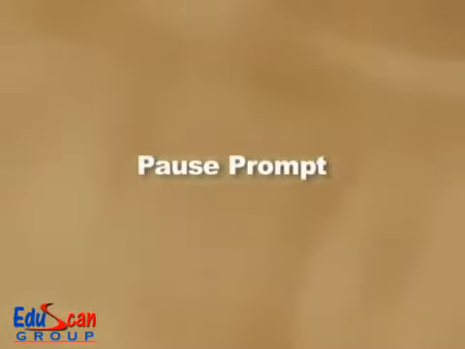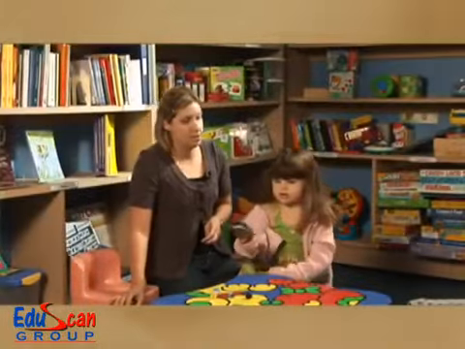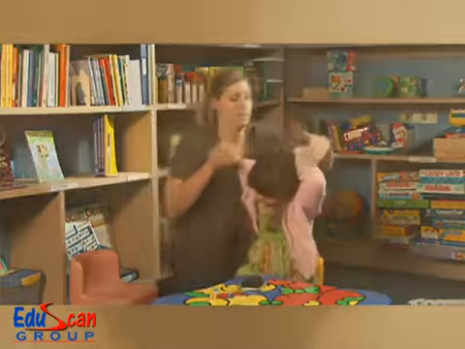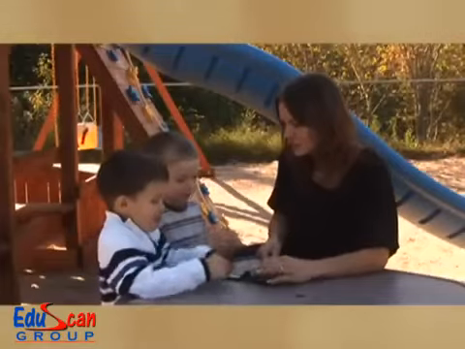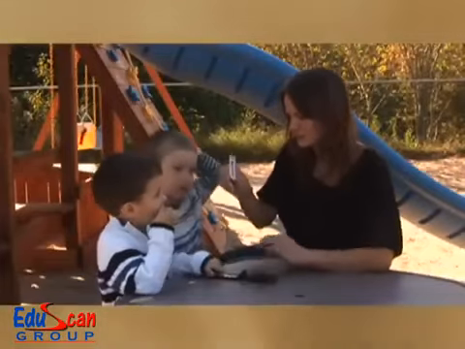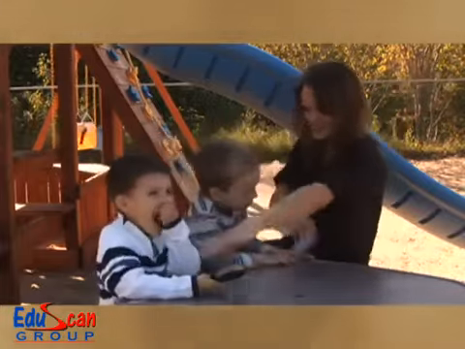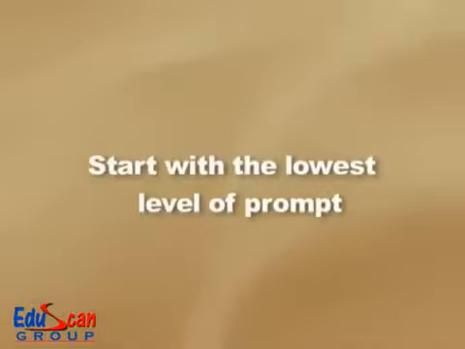A very minimal prompt would be a pause prompt in which you simply wait for the child to brush following the SD. At the bottom of the hierarchy might be a contextual prompt in which the child is shown a photograph of brushing in the context of a learned sequence such as dressing.